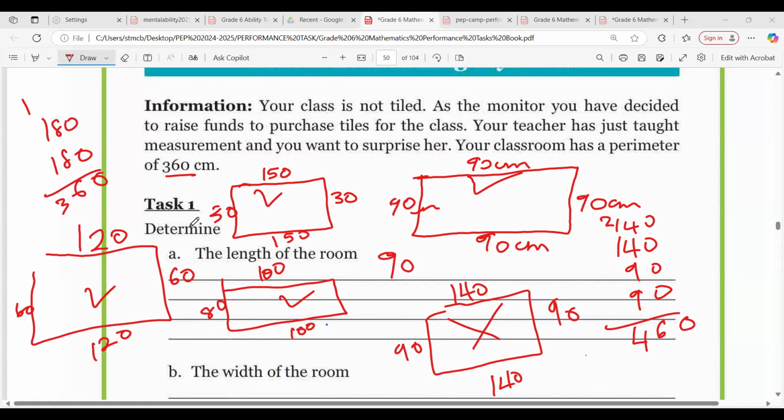Okay, so it's the same thing. I could take someone else then. Aisha Chambers, go ahead, Aisha. What was your measurement? 90 and 90. Okay.